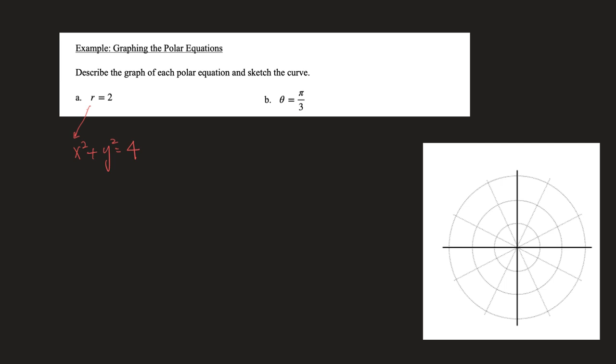Another way to say it, that represents center 0 and 0, radius 2. So you're gonna have this graph here. That's one way you sketch the polar coordinate, but it doesn't work all the time. Another way to understand this graph, guys, let's see. How are we going to sketch this one? Let's think about theta. So here is gonna be theta.